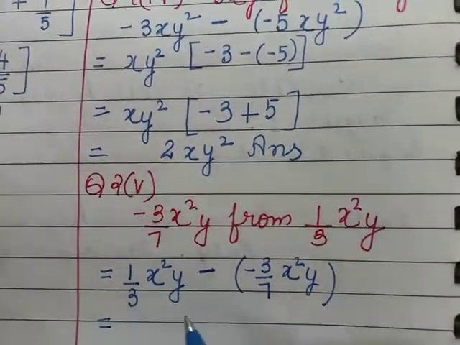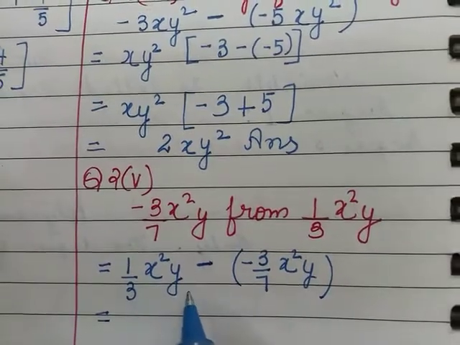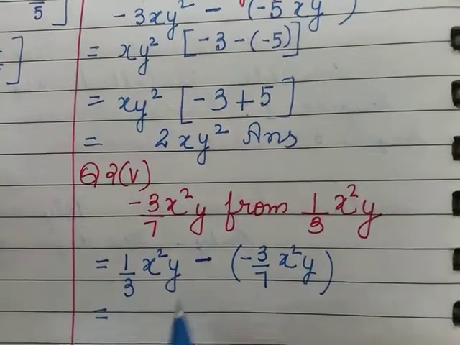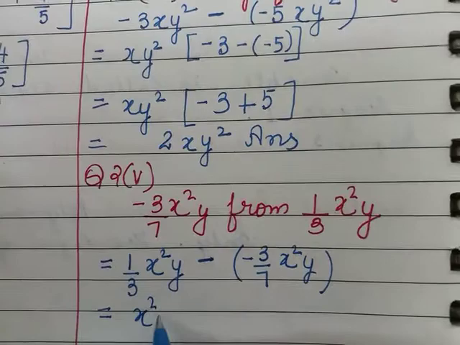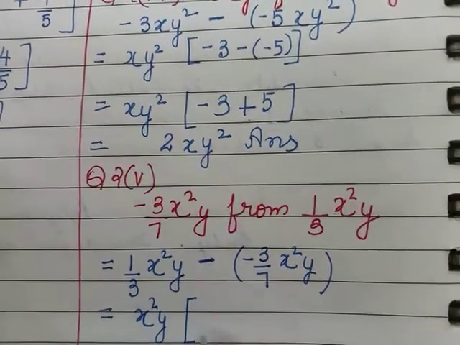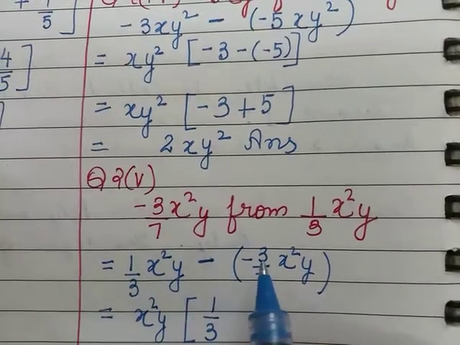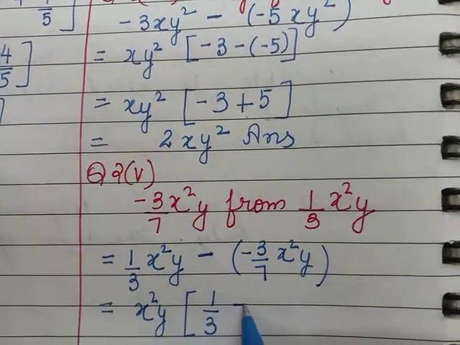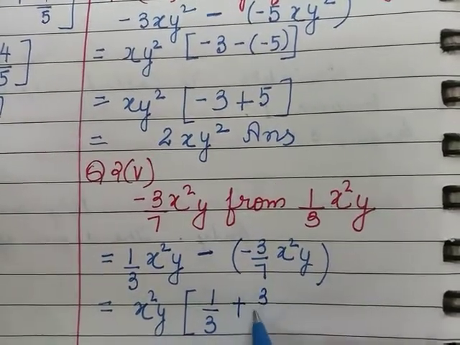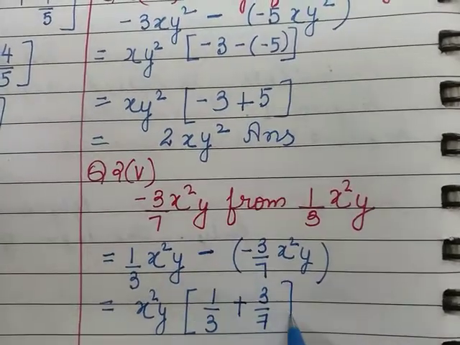Now we proceed further. Again we find x square y and x square y are the common factors. We take it out. Now what we are left with is 1 by 3, and this minus will become plus. So we write plus 3 by 7.